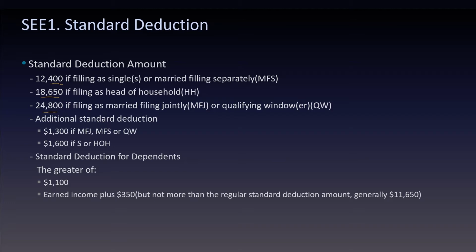We studied all these filing statuses at the beginning of the class, and based on the filing status, the standard deduction amount differs. As I mentioned previously, it will be adjusted by inflation, so it is going to go up next year.